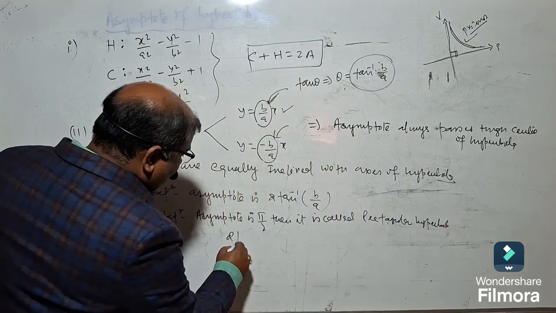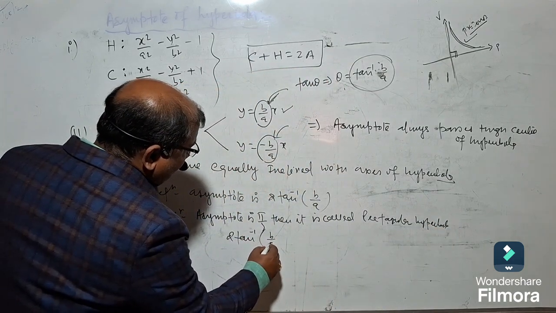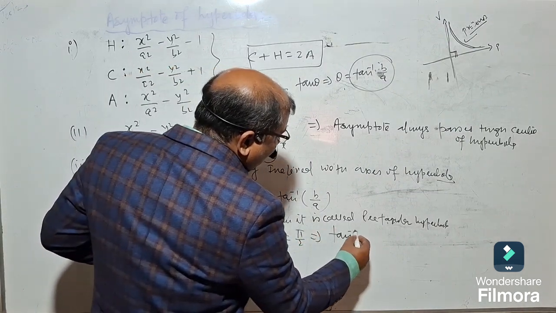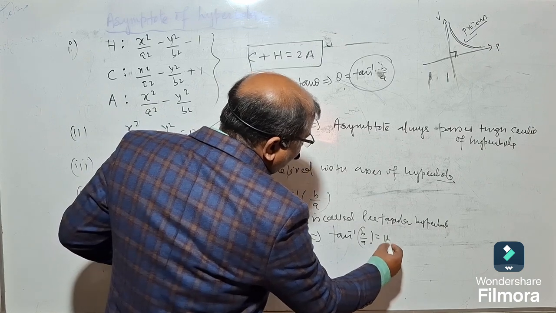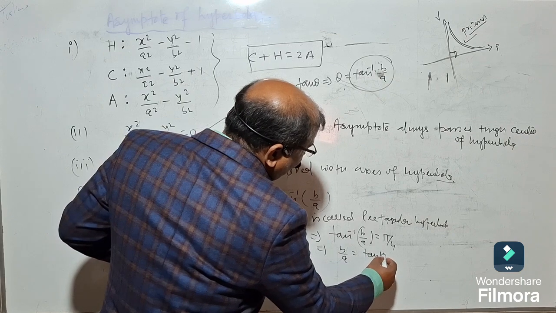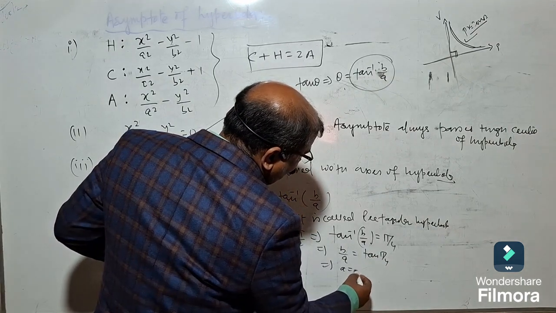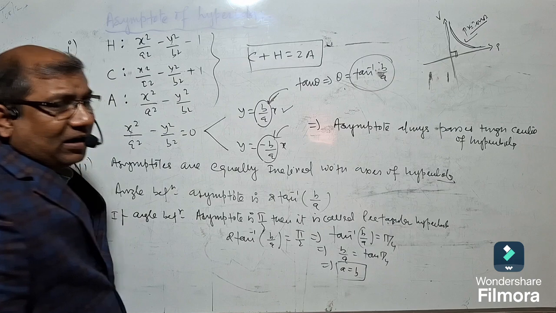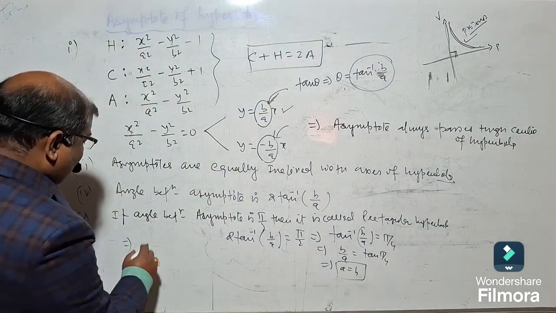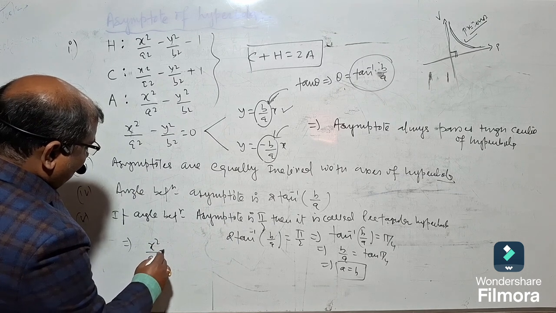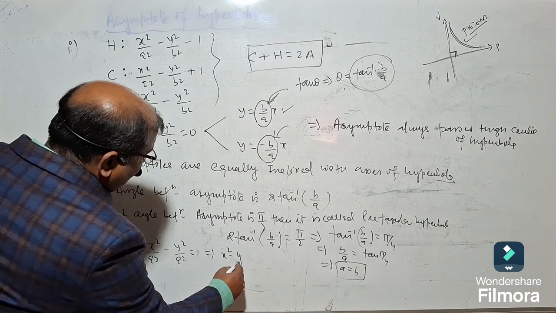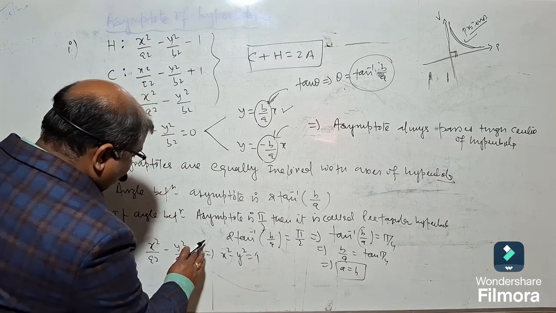That is, 2 tan inverse b by a is equal to pi by 2, implies tan inverse b by a is equal to pi by 4, implies b by a is equal to tan pi by 4, and hence a is equal to b. So in the case of a rectangular hyperbola, a will be equal to b, and hence the equation of a rectangular hyperbola is x square upon a square minus y square upon a square equal to 1, implies x square minus y square is equal to a square.